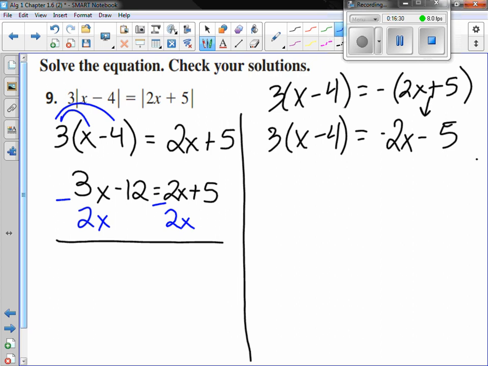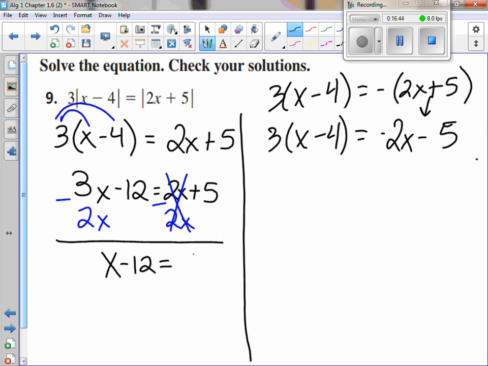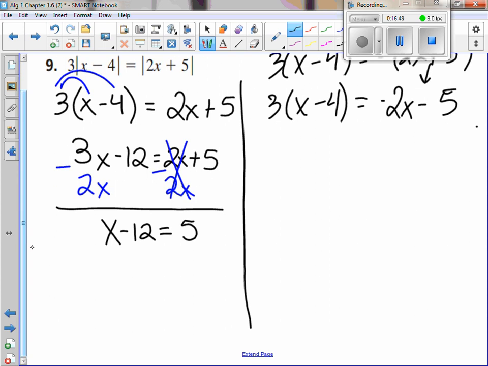I would subtract, yes. Because these here would be 3x minus 2x, or 3 minus 2 is? So I have x minus 12 equals, so what's left with x? Negative 12, so what would we do?